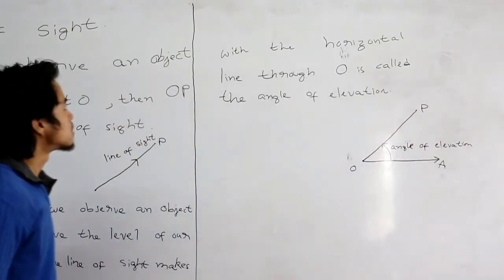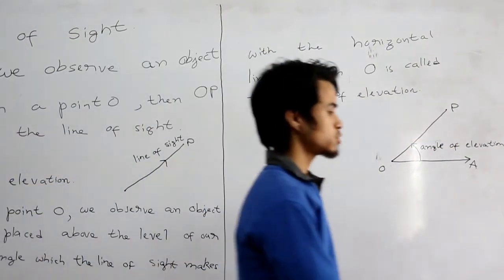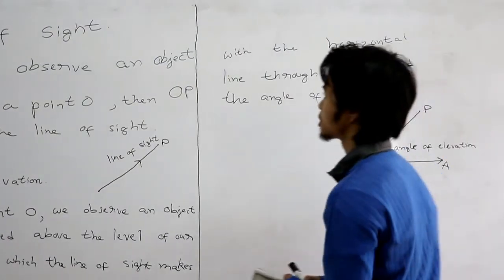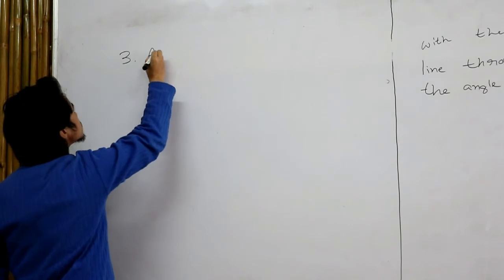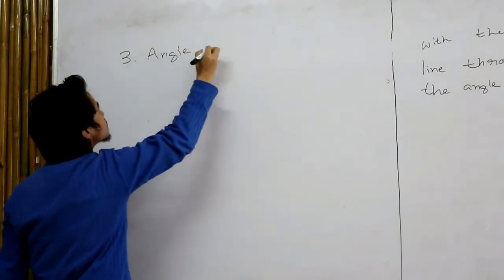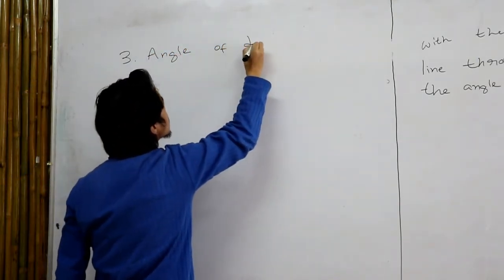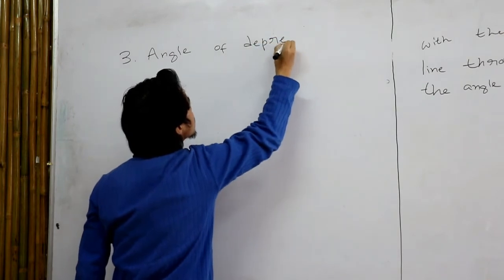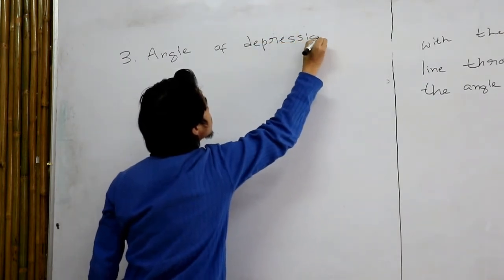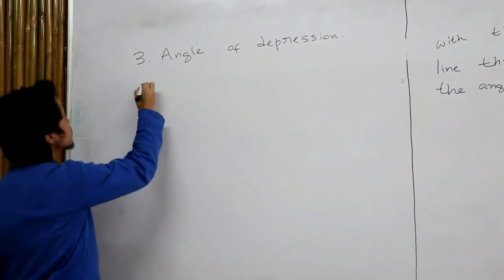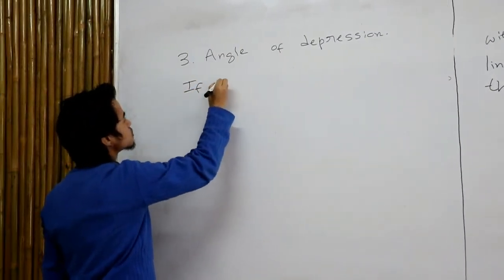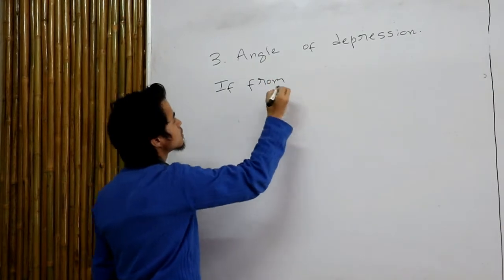Now we'll move on to the third term, which is called the angle of depression. Let me write first the definition of this term. It's similar to the angle of elevation.